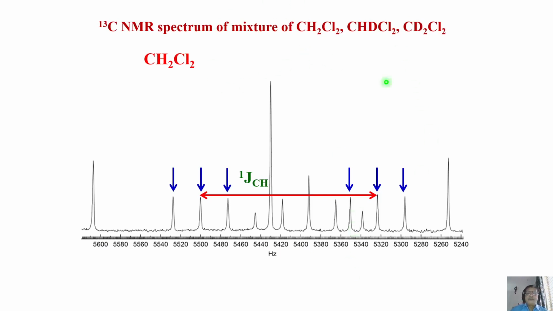What is happening is this will be a doublet because of CH, and one deuterium makes each line of the doublet into 3 lines of equal intensity. If you take the center of this, it is moved by this much. So this is the isotopic shift with the substitution of one deuterium.